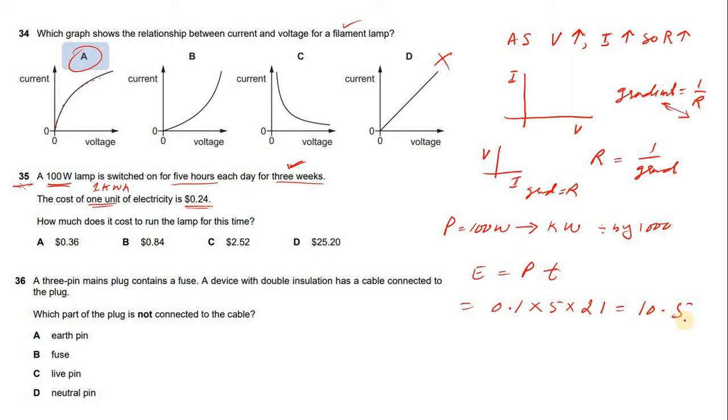This is your total energy used, and the cost for 1 unit is 0.24, and you have that much energy used. So total cost will be 10.5 times 0.24, and then the answer will be 2.52. So option is C.